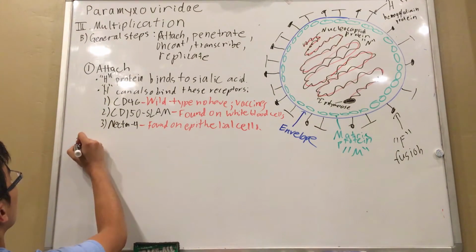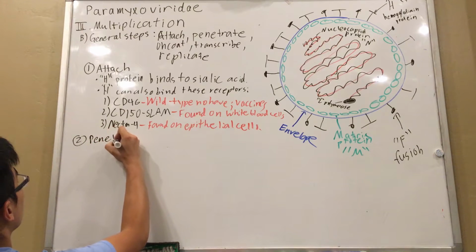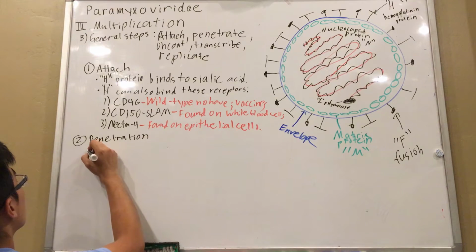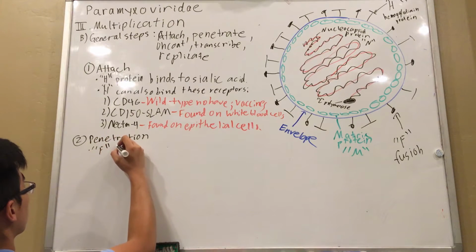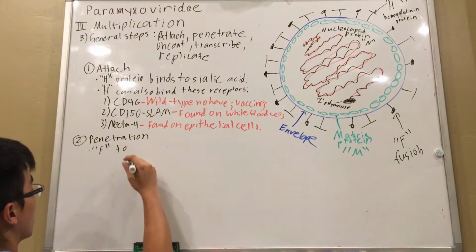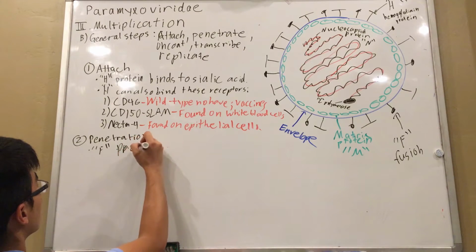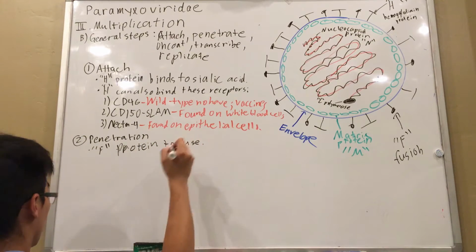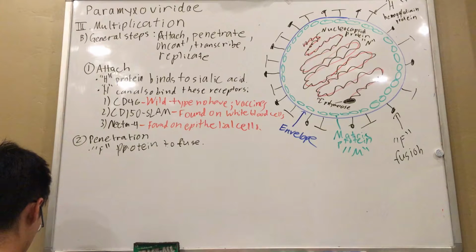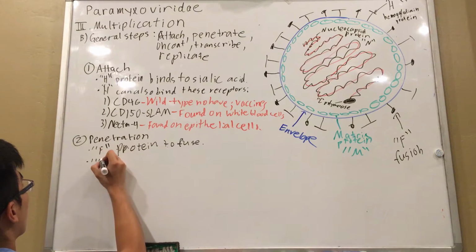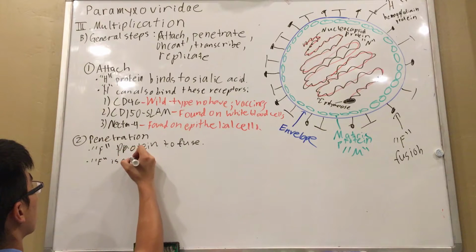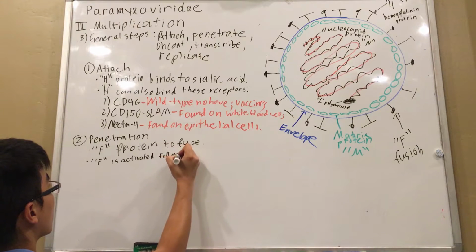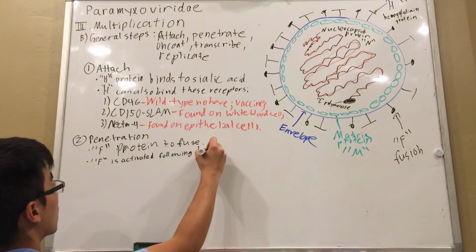Then there's penetration. Here you use F protein to fuse. F is activated following binding.